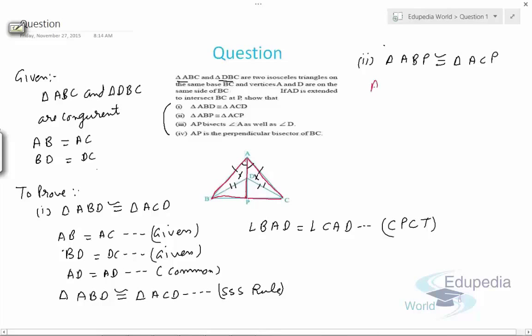First of all, we have AB equals AC. Again, it's given. Then we need the second criterion. We can say that AP equals AP, which is common.